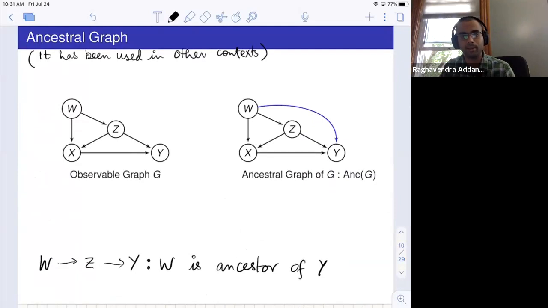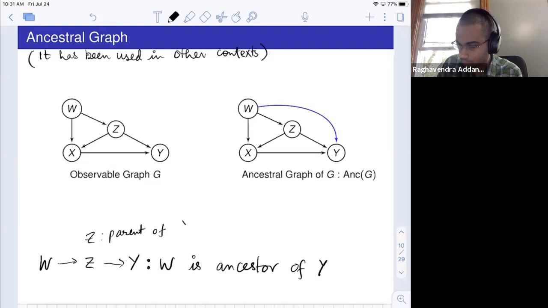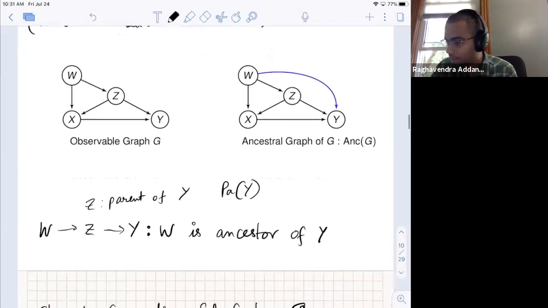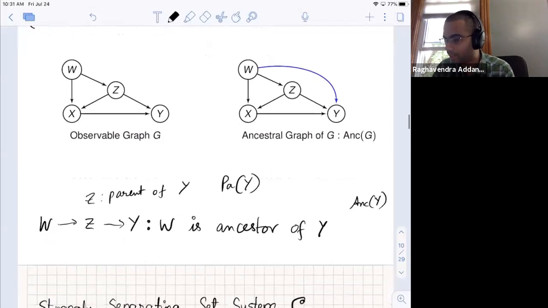In the observable graph, we have an extra edge WY in the ancestral graph if there's a path between W and Y which is directed towards Y. Then we call W an ancestor of Y, and Z a parent of Y. The set of all parents of Y is denoted by Z, and the set of all ancestors is denoted by An(Y).